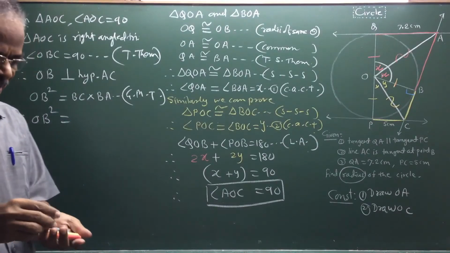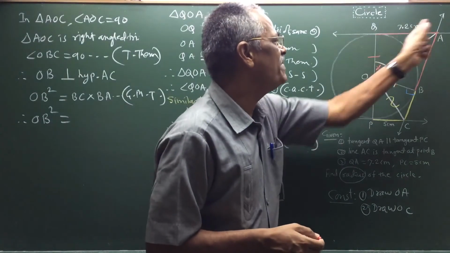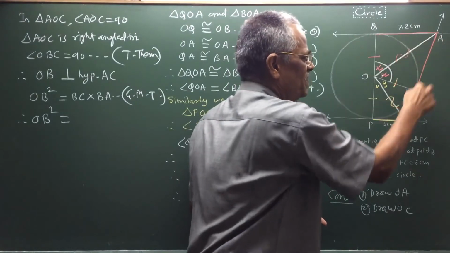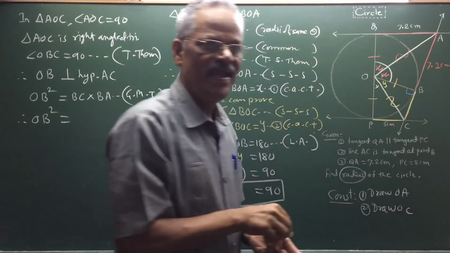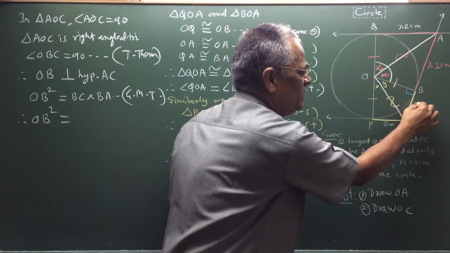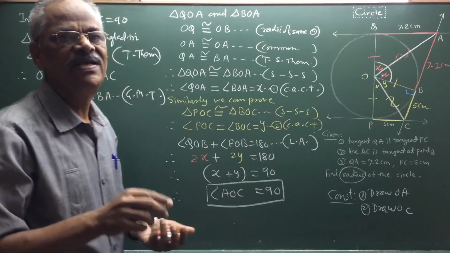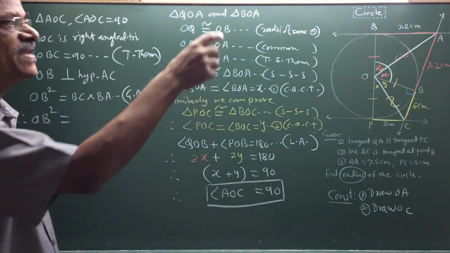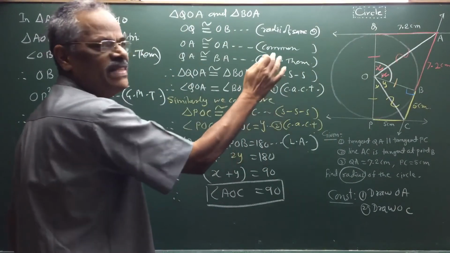But again we have to use that tangent segments are equal. That is the property. So AQ must be equal to AB, which is equal to 7.2 centimeter. And CB and CP are also equal, because tangent segments are equal. We have used it here, the tangent segment theorem.